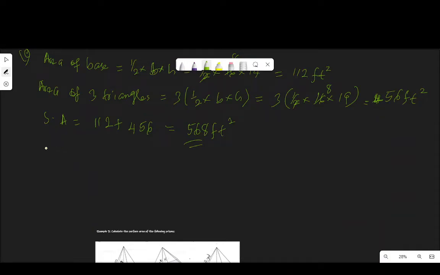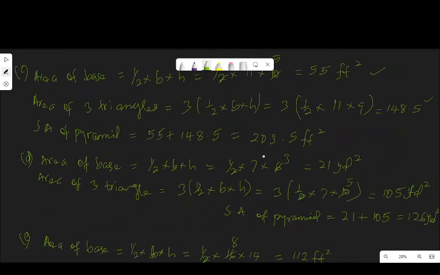Area of the triangular base, let's work it here for question F, is half times base times height, which is half times 18 times 16. I think those were the values.